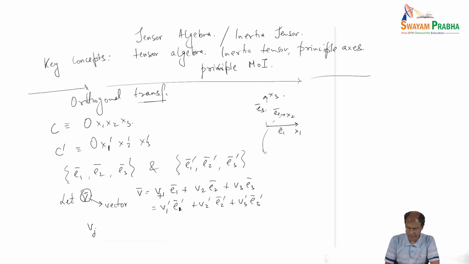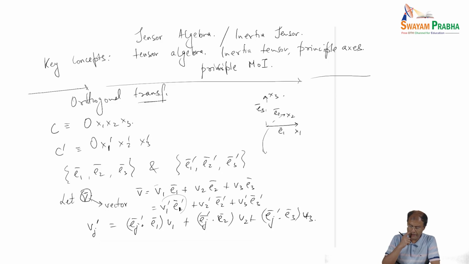If we look at the individual components of this vector, Vj prime can be found by taking a dot product of this vector with the corresponding unit vector Ej prime. So we have Ej prime dot E1 times V1 plus Ej prime dot E2 times V2 plus Ej prime dot E3 times V3.